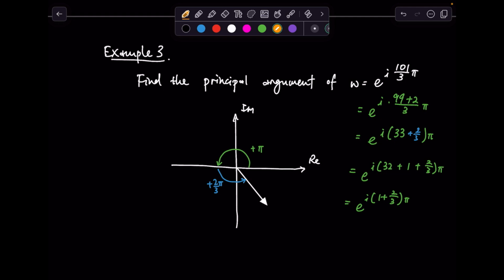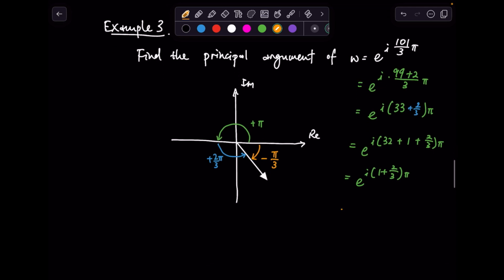From your positive real axis, I turn clockwise, but only this angle. This will be a size of pi over 3, but it's in the negative direction, so negative pi over 3. Which means I can write my complex number as e to the i times minus pi over 3.